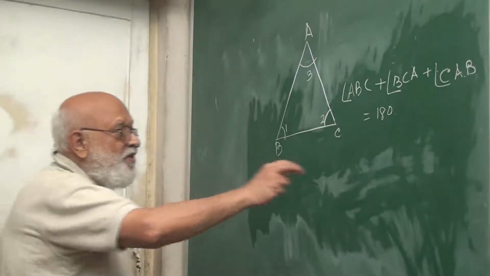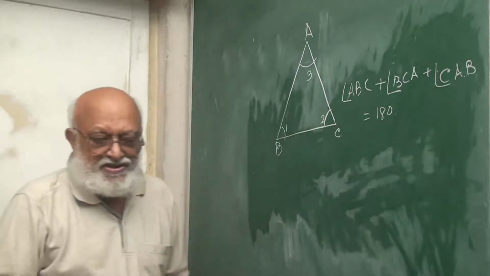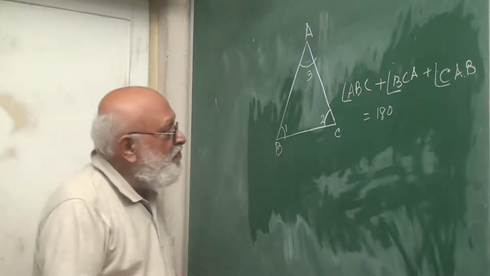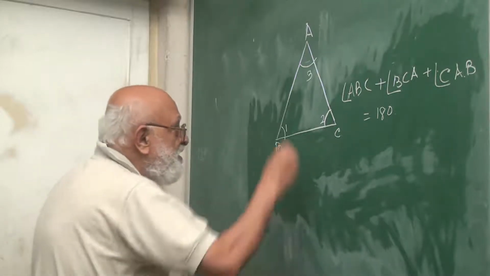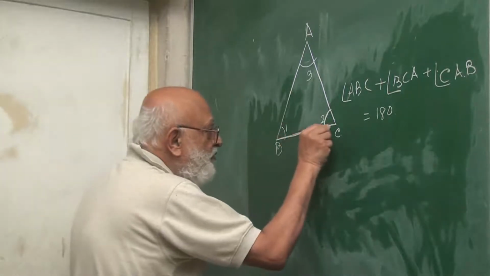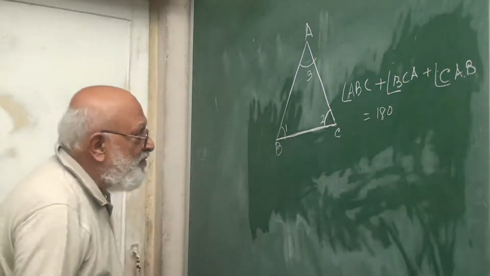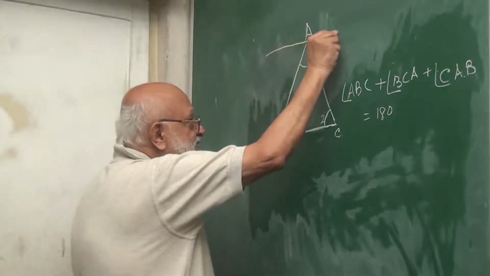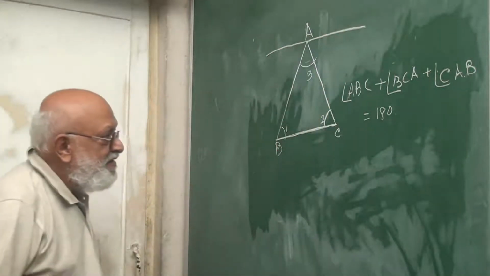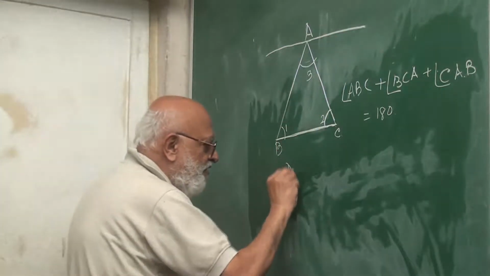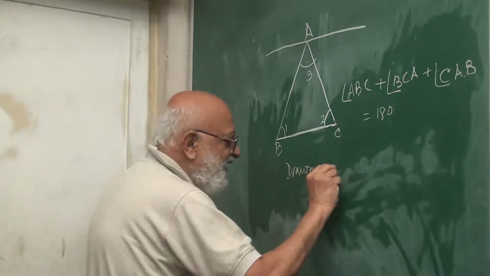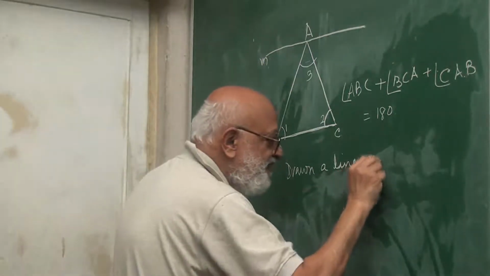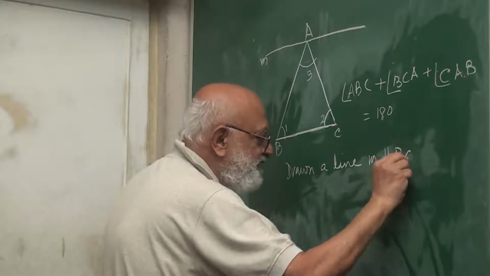We have used this property before in solving problems regarding angles. Now, how do you prove this? Let us take it as a problem. All you have to do is to draw a line parallel to BC through A. So I have drawn a line, let's call it line M, that is parallel to BC.